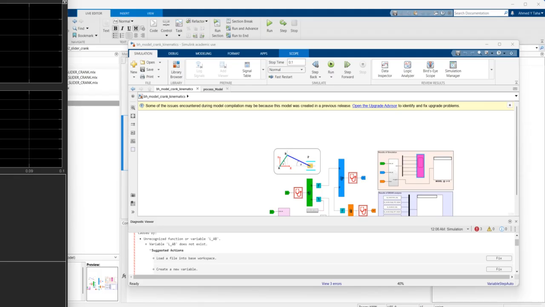It's still loading on the other screen. You can see the things here. Still not responding.